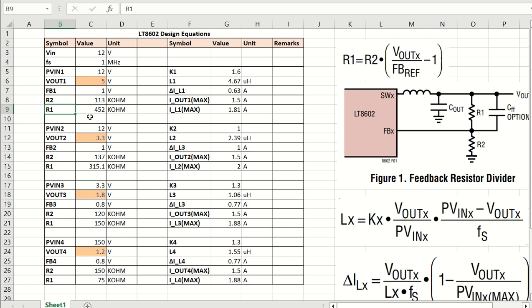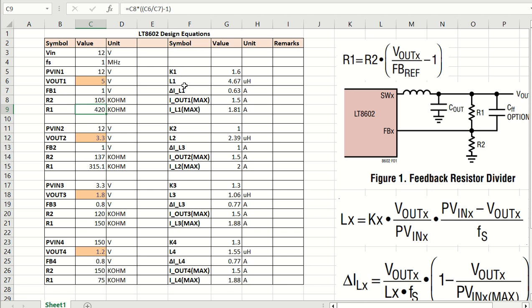That's the reason 453 kilo ohm approximately was used. If you want, you can utilize 110 kilo ohm, then it will give you 440 kilo ohm. Similarly, if you use 105 kilo ohm, then it will be 420 kilo ohm. Whatever values you utilize, you can calculate your R1 values accordingly. I will give you this sheet based on your requirement. If you need, I can share this calculation with you.